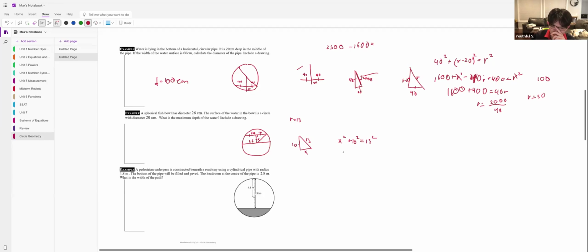So x squared plus 100 is equal to 169. So then x squared is equal to 69, and then x is equal to the square root of 69, which is 8.31.